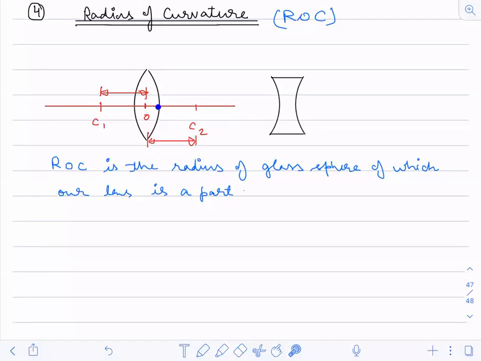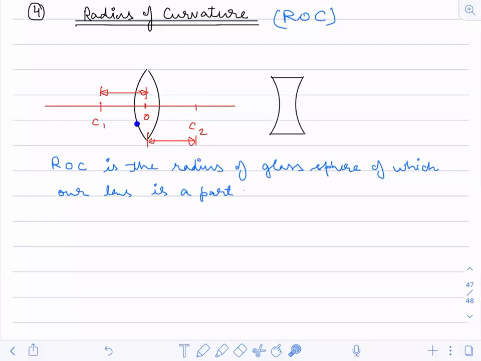So that's why we are taking the distance up to here, because every measurement in the lens will be done from the optical center only. That is also a very important point. Any measurement of distance, I have done from the optical center, everywhere.